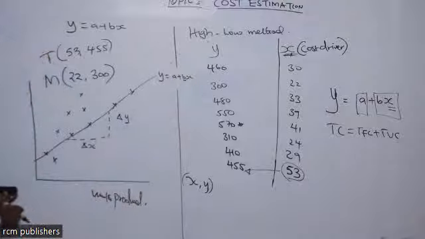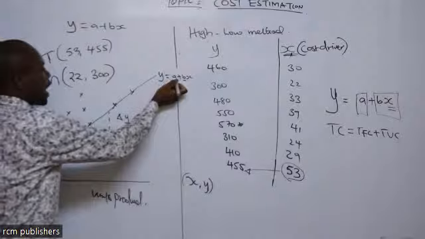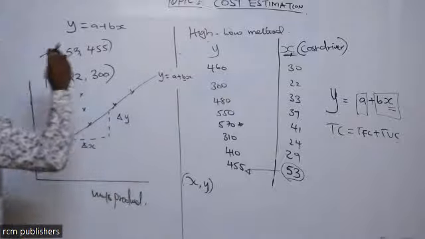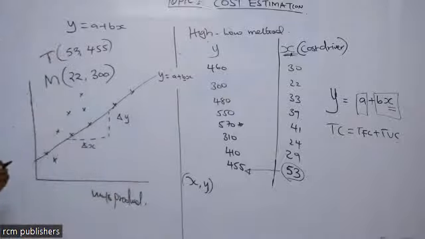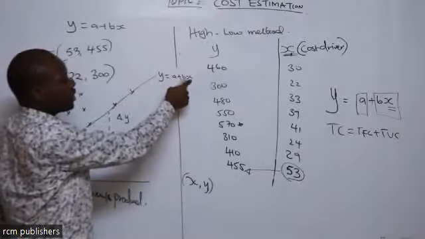The slope of our curve is the value of b. Then, how do we get the value of A? At point A, we have not produced anything. It is fixed. We have not produced anything. And if we've not produced anything, the units produced is going to be 0.